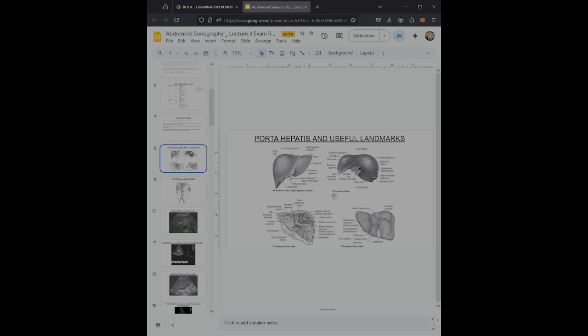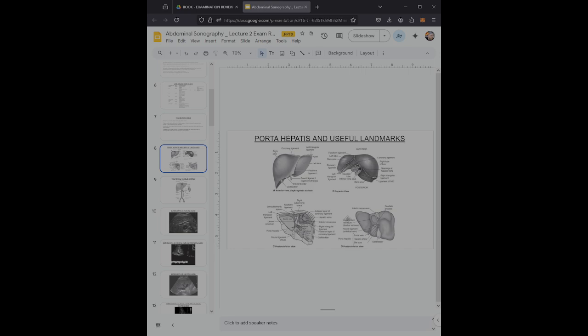And it is important to note that some texts may refer to the area of the falciform ligament as the ligamentum teres, and thus it is vital to understand that the ligamentum teres is potentially identifiable with the lower margins of the falciform ligament.